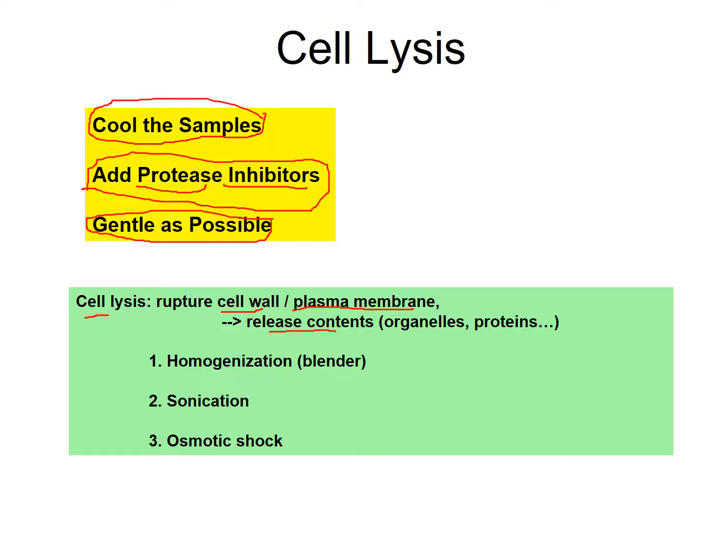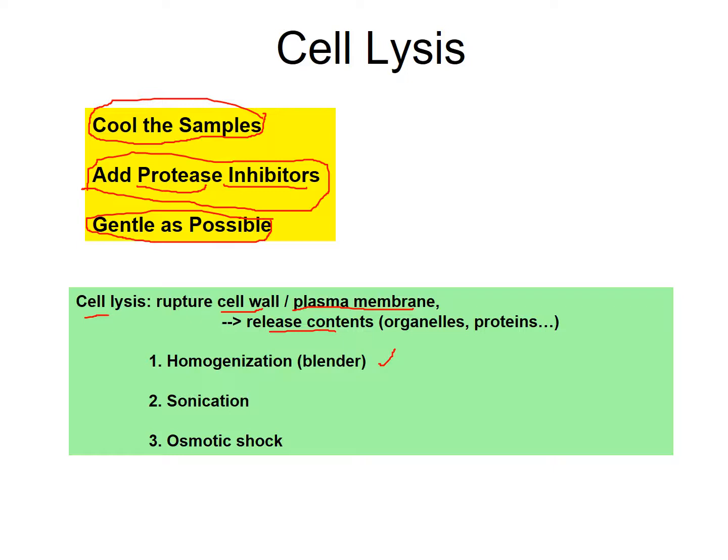So some ways to do it is you just blend it. There are tissue blenders, homogenizers that are probably a little rougher, but it depends on the cell type. Cells such as the liver that are highly full of enzymes and high metabolic potential, that may be too harsh.